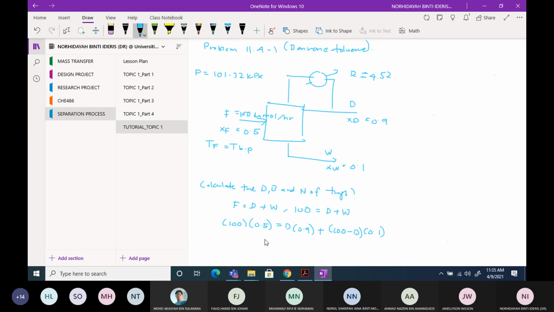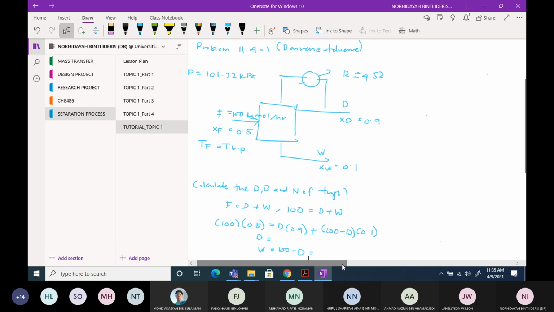From here you can solve for D, and after that you can solve for W, which is 100 minus D.